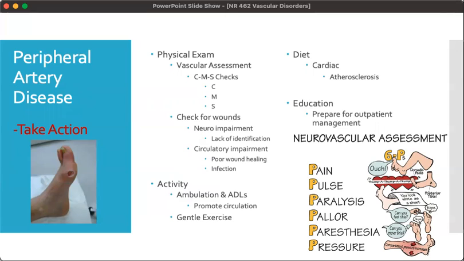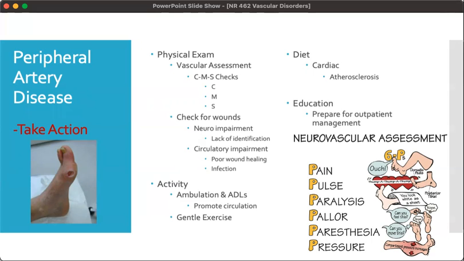For patients with peripheral artery disease, they may or may not be able to feel if their shoes are too tight, and instead of just feeling uncomfortable, they may develop a wound from that pressure from their footwear. So that's always something we need to check with these patients.